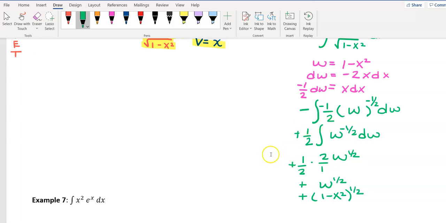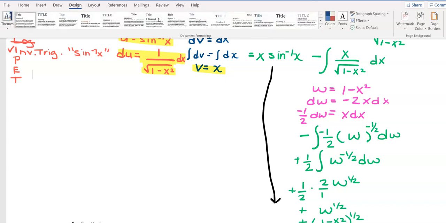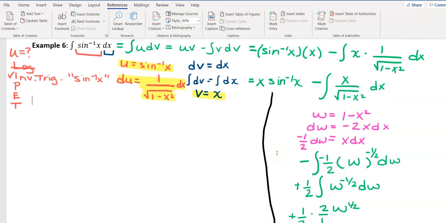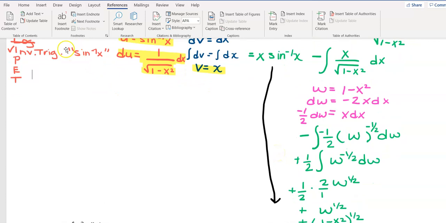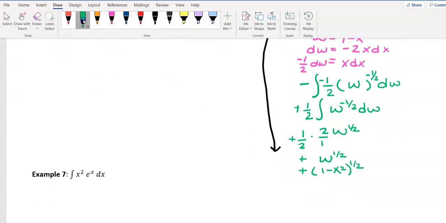And then what we can do is bring down everything that was in front before that we just had as a little placeholder. Okay, so we're going to bring that down, and that was x sine inverse of x. So I'm going to write that as x sine inverse x. Okay, so we have x sine inverse x plus 1 minus x squared to the 1/2 power.